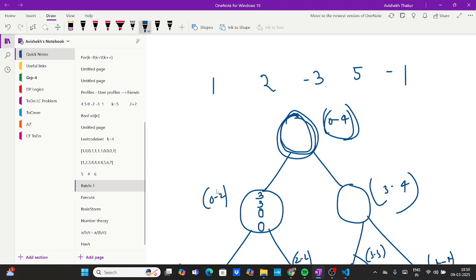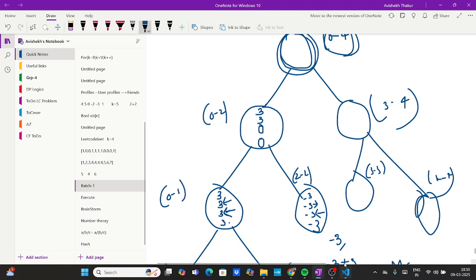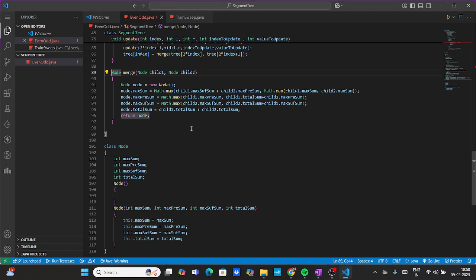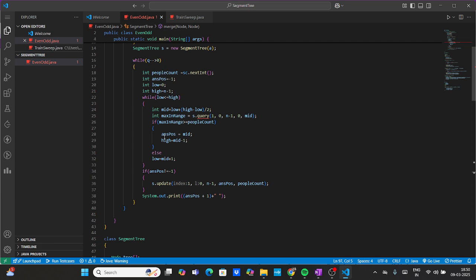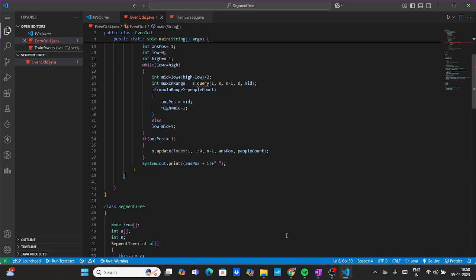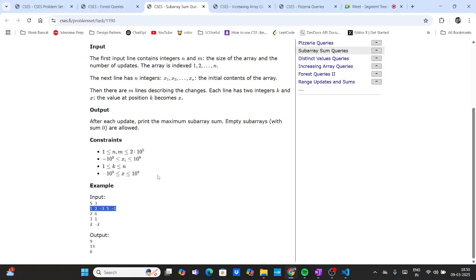Why do any iteration? Okay, to get it where it is possible, no need of checking that. Yes. Okay, let's remove this. Let's see what they have given us. NQ, okay, and these are queries. So after each query we need to print the answer.